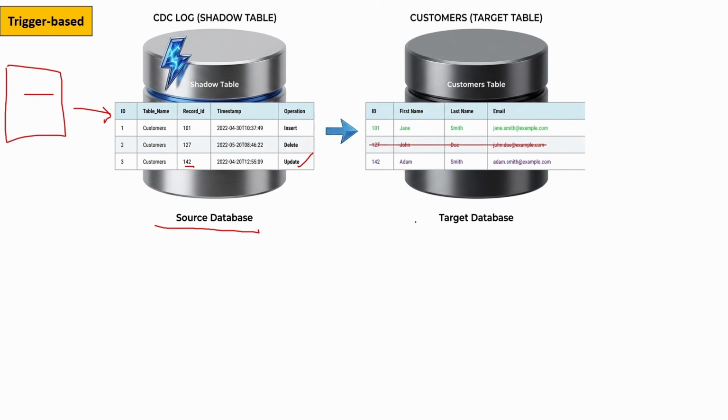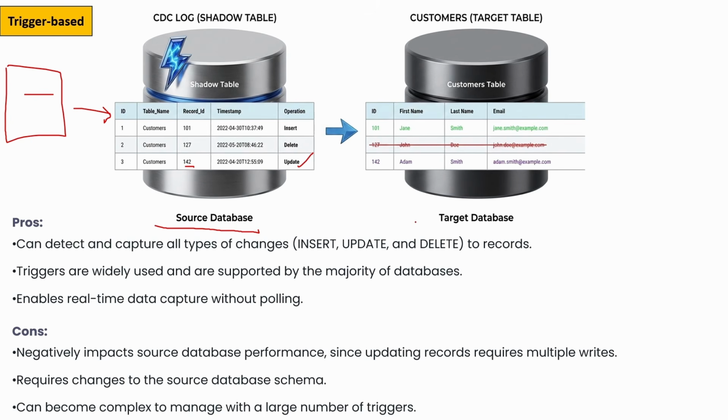Obviously, here also we have a couple of pros and cons. The pros here are that we can detect and capture all types of changes to the records, the triggers are widely used and supported by the majority of the databases, and it enables real time data capture without pulling anything out.